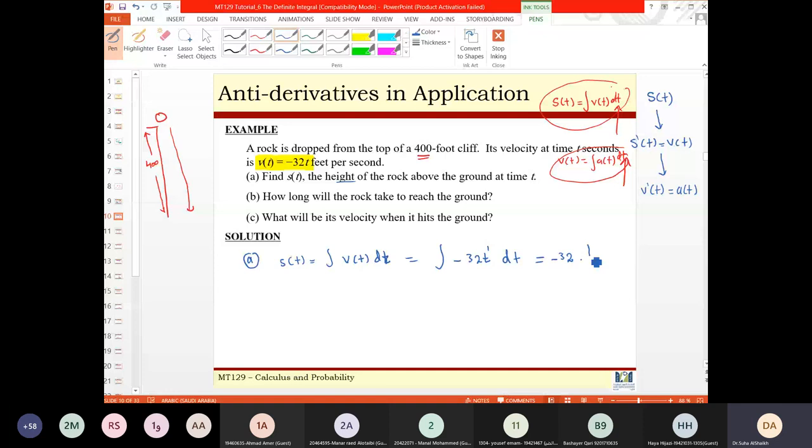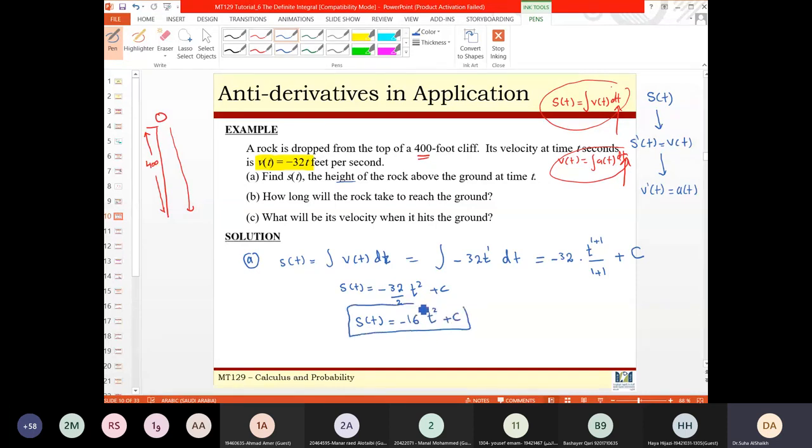It will be t to the power 1 plus 1 over 1 plus 1, and don't forget to write the integration constant c. That's correct. So my s of t is equal to minus 32 over 2 times t squared plus c, which means s of t is equal to minus 16t² plus c.